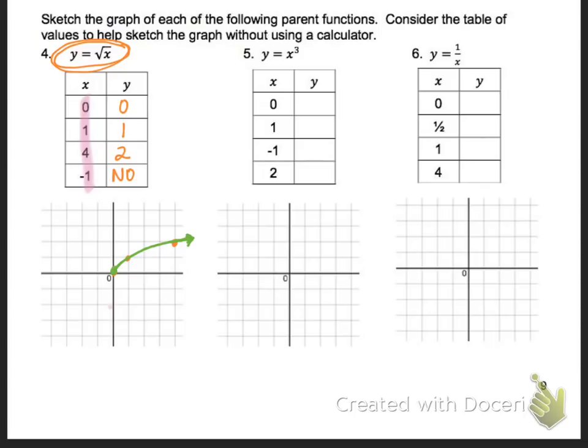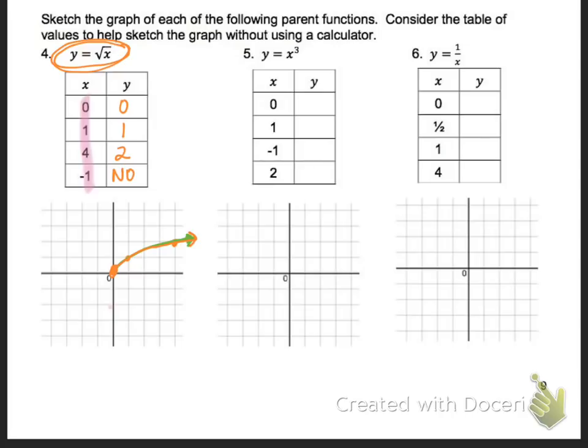So think about 0, 0, 1, 1, 4, 2, and it always starting at 0, 0. That's kind of like if I were to say draw this on a test or a quiz, just the parent function of it, I would be looking for 0, 0, it pointing to the right and kind of curving up and over. Like it's like jumping over a hill, essentially. And it's still getting higher and higher.